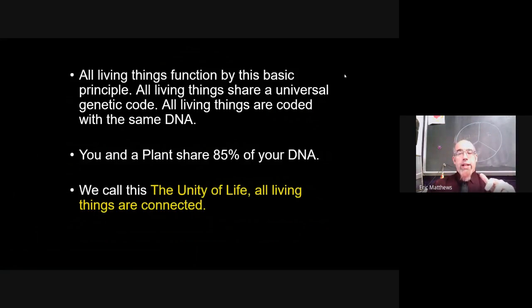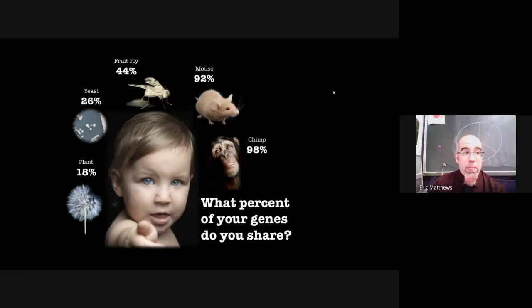Now, what's really interesting is that if we compare living things, we see that so much of our DNA is shared with everything. Huge amounts that you might never even anticipate. Because of that, genetics, DNA, all of that is often referred to as the unity of life because we are all connected. We have all evolved from the same original common ancestor going back like 3.8 billion years. And our proof is in our DNA.